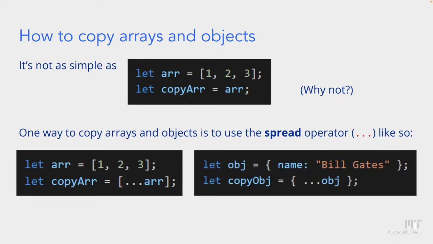So in the code over there, by using the 3 dots in front, you're going to copy the first array, which is 1, 2, 3, onto this new array called copy array. And then, as usual, you would always have the brackets to denote that this is an array. And similarly for objects, you'll have the curly braces. And I believe this is called a shallow copy.